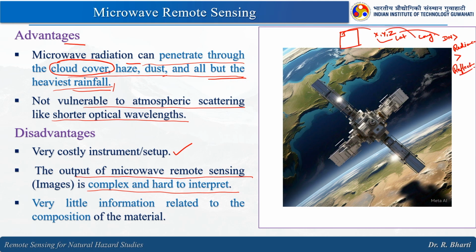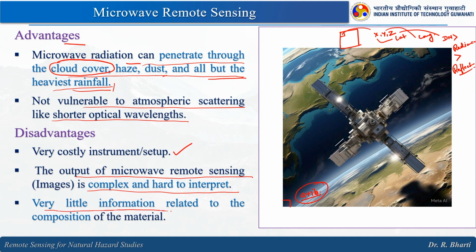But here when we talk about the microwave remote sensing output, it is in the complex form A plus iB, right. So, this is not the simple DN value. We will understand this in subsequent slides.